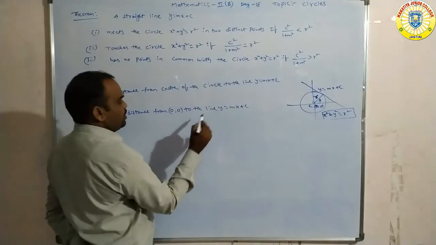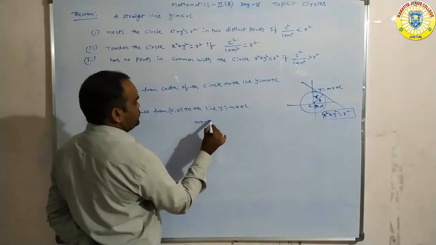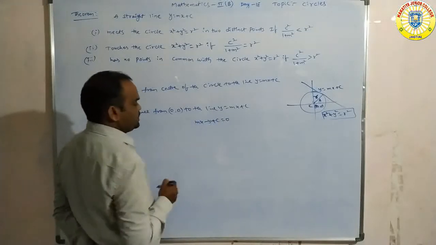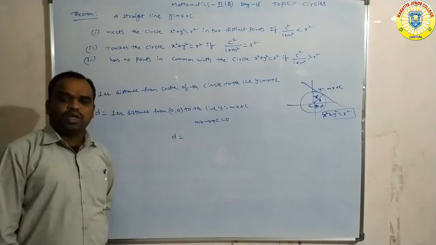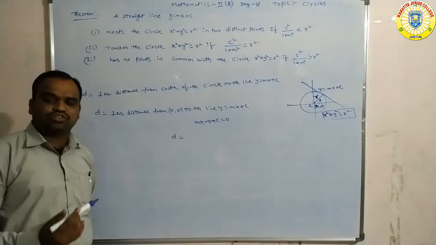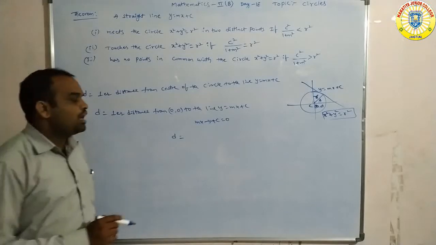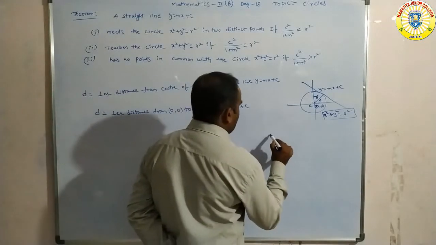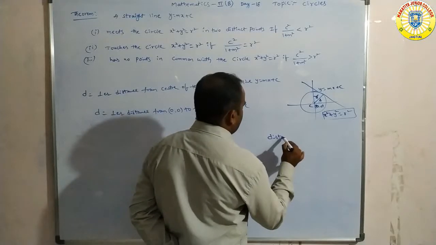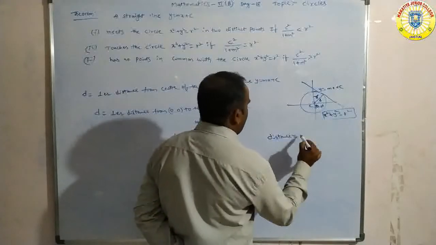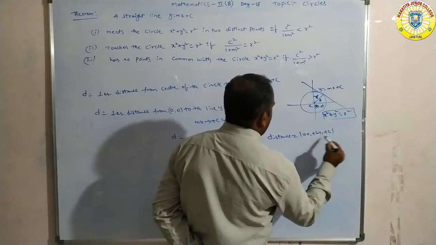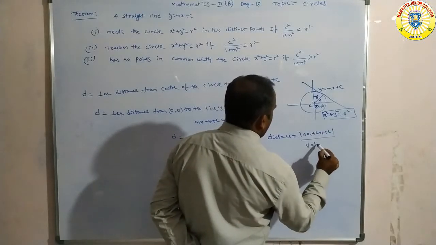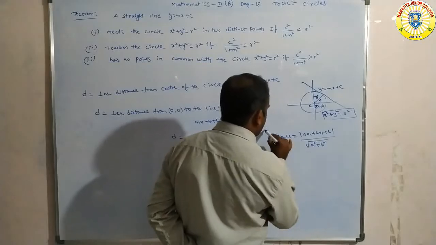So here y = mx + c, that is nothing but mx - y + c = 0. The perpendicular distance formula is in your first year syllabus. What is the perpendicular distance formula? It is (ax1 + by1 + c) / under root of (a square + b square). The distance from the point to the line is (ax1 + by1 + c) / under root of (a square + b square).